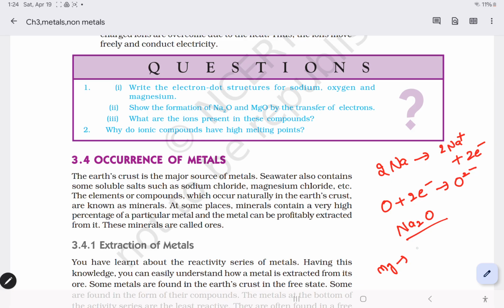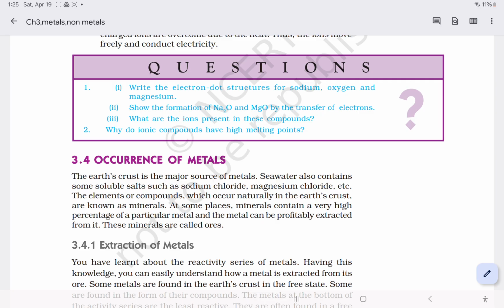One magnesium loses its 2 electrons to form Mg2+, and oxygen gains these 2 electrons to form O2-. In this reaction, what compound is formed? Mg plus O gives rise to MgO. This is the ionic bonding, and magnesium oxide is formed.